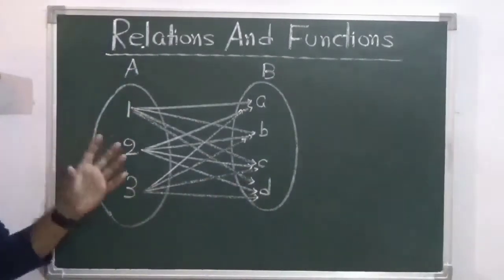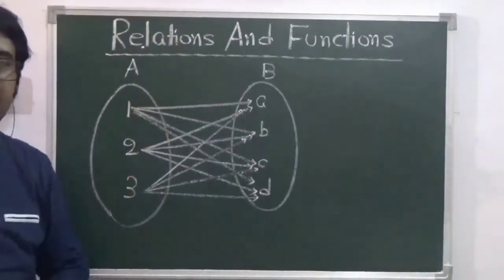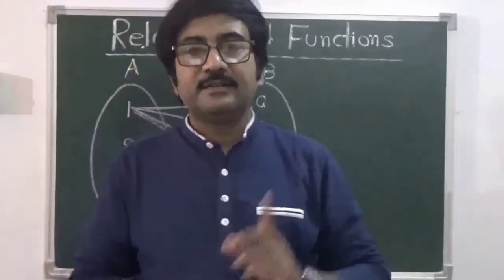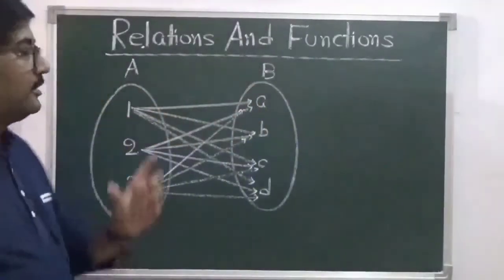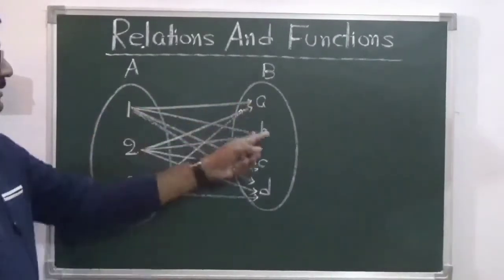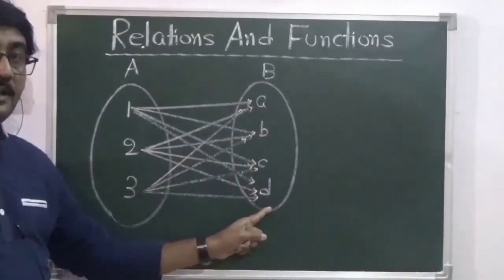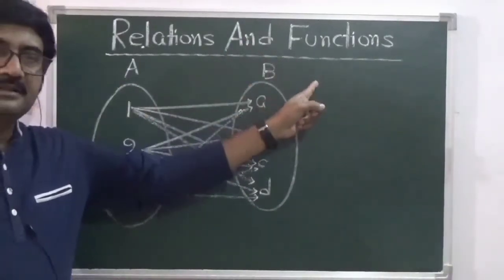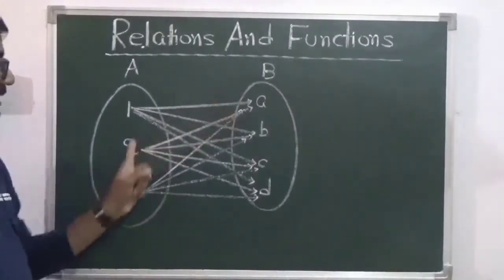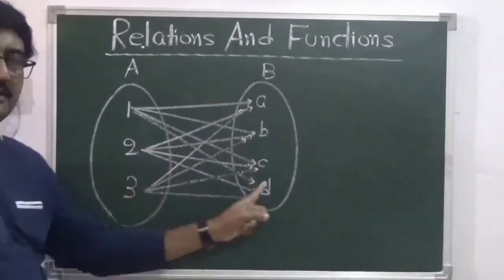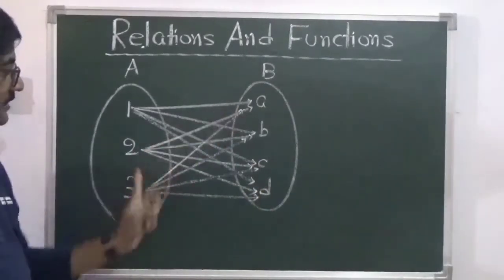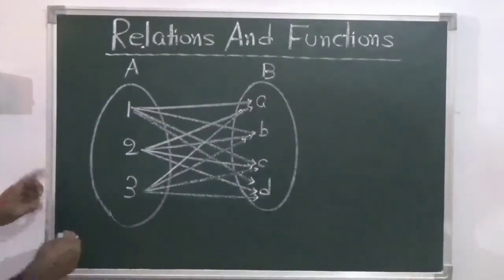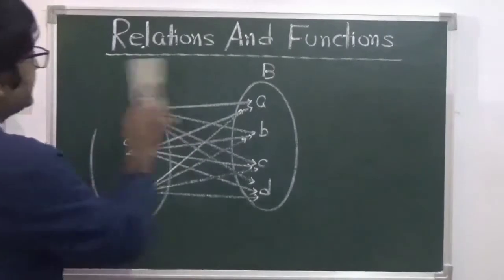So this is how we draw the Venn diagram for the Cartesian product of sets A and B, that is A cross B, moving from set A to set B. Here we are getting the ordered pairs 1a, 1b, 1c and 1d, where the first element 1 is from set A and the second element is from set B. Similarly 2a, 2b, 2c, 2d, and 3a, 3b, 3c, 3d. So if you write the Cartesian product A cross B, it can be like this.